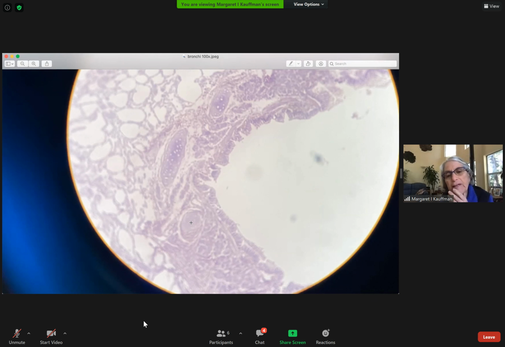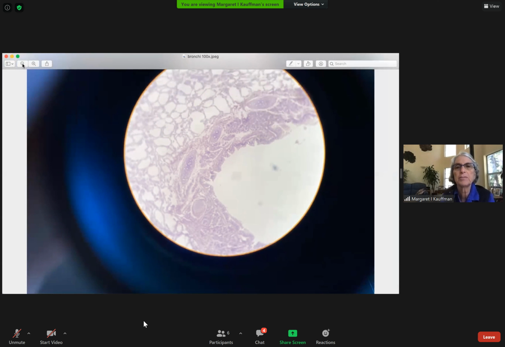I'm not sure that is hyaline cartilage. It might even be, well, it's a little hard to tell because it's out of focus. Every now and then you will see a lymphatic nodule along here. I don't think it is. Maybe it's a blood vessel. And it doesn't look like cartilage higher. So again, bronchi is what we'll call this because it has the hyaline cartilage that's in the muscularis externa layer.